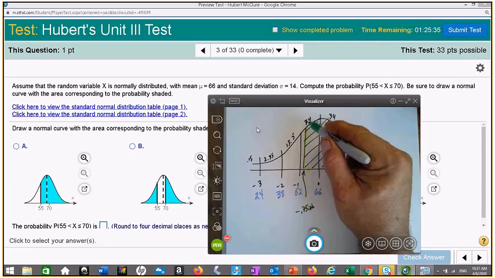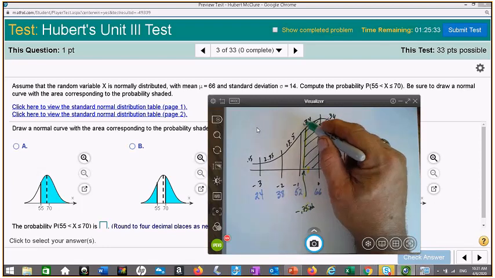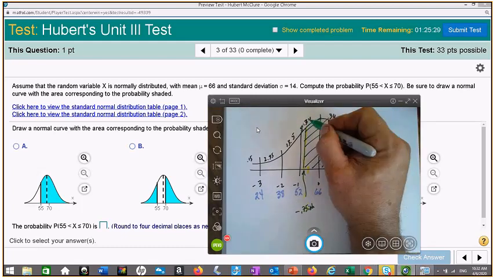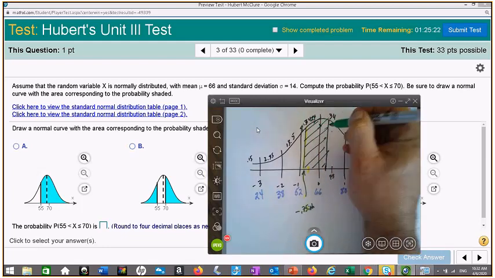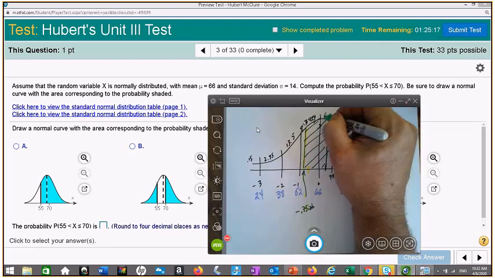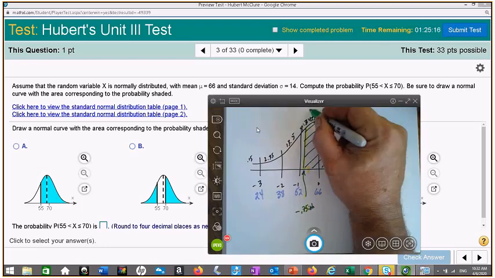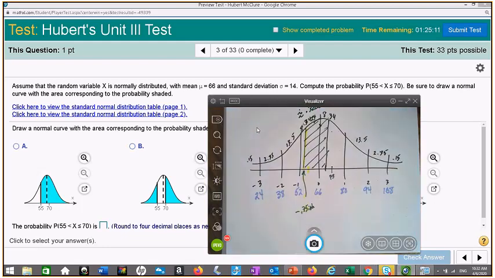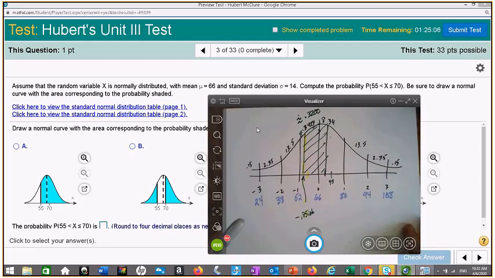So a fourth of 34 is about 8. That makes this 3 times 8, which means that's about 24-ish right there. And then 1 times 8 is 8. So I'd say around 0.3200 is about what I come up with using the empirical rule. Okay? So I think the answer is going to be around 0.3200.